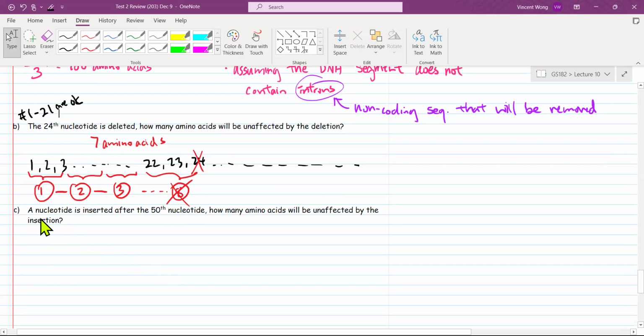How about this one? A nucleotide is inserted after the 50th nucleotide. So 1, 2, 3, dot dot dot, 48, 49, 50, and then you insert an extra one. So how many will be unaffected? Can anybody give me a number?